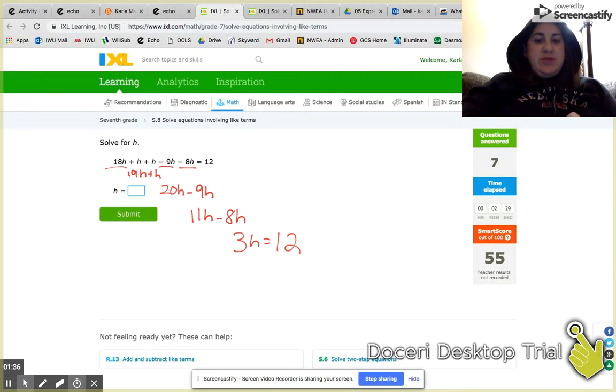I have to use my multiplicative inverse, which would be 1/3. So I'm going to multiply each side by 1/3. So h is equal to 12 divided by 3, which would give me h is equal to 4.